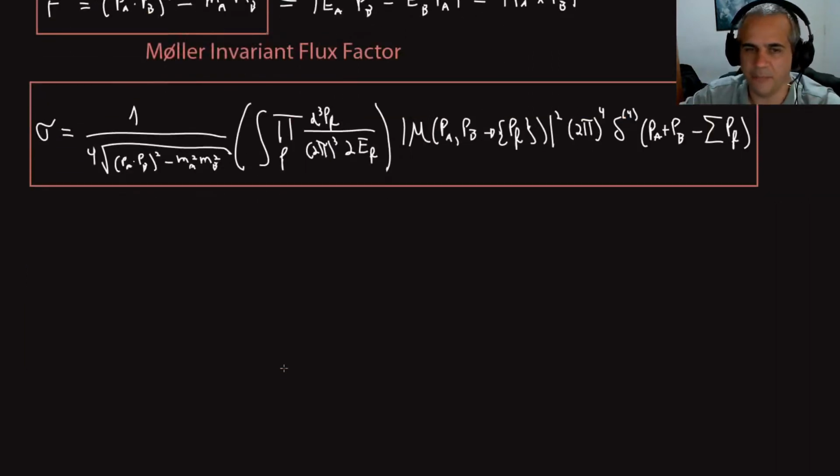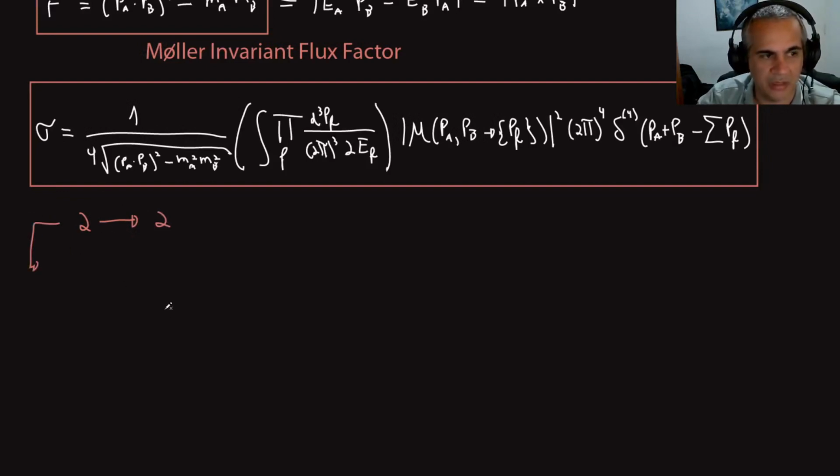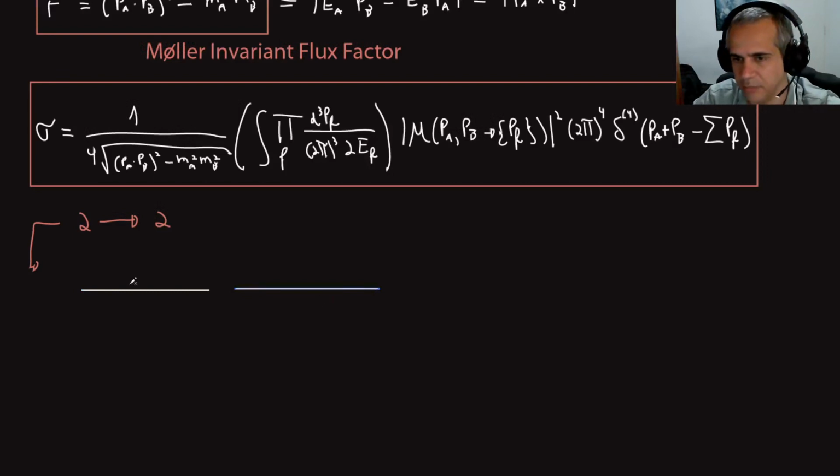So now I'm thinking of a situation where I have 2 particles at the start and 2 particles at the end, and let's see how I can simplify the expression. The situation is now this: I have incoming PA, PB.